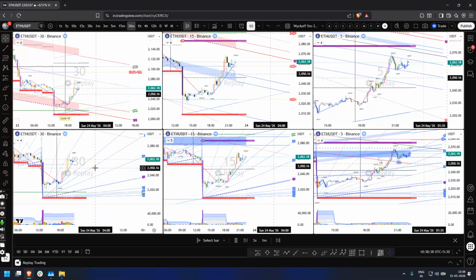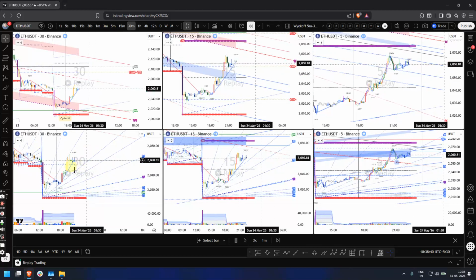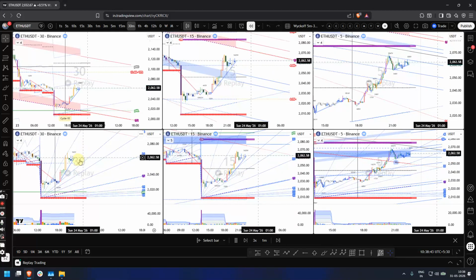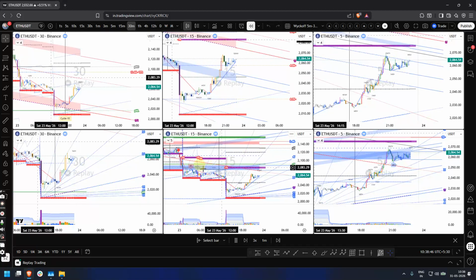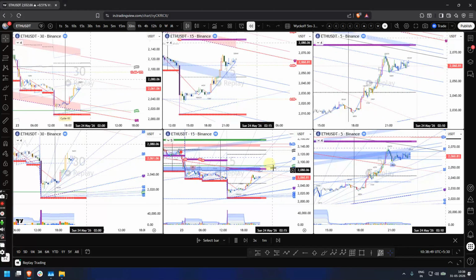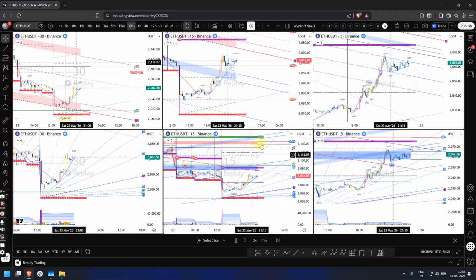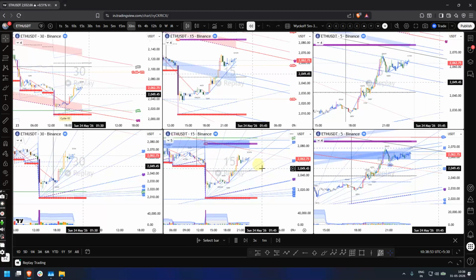So as long as it's above this trend line, it's a good trade to be in. And then when the resistance gets broken upside, we can enter on the pullback.